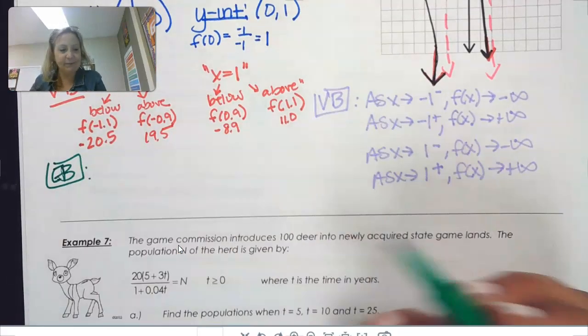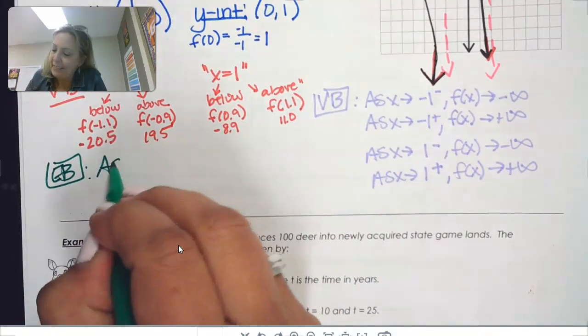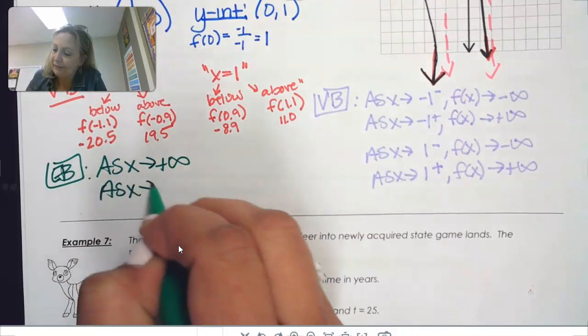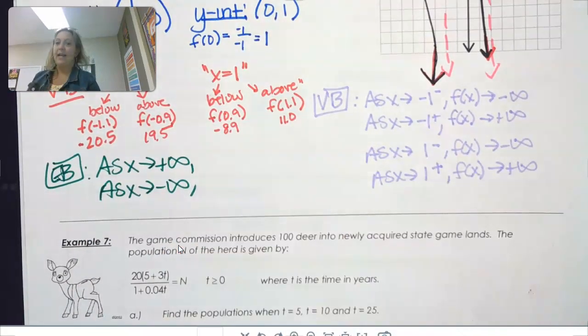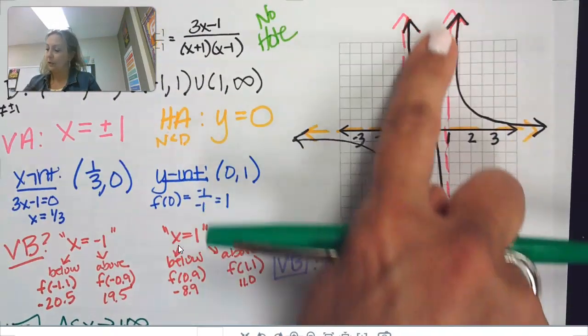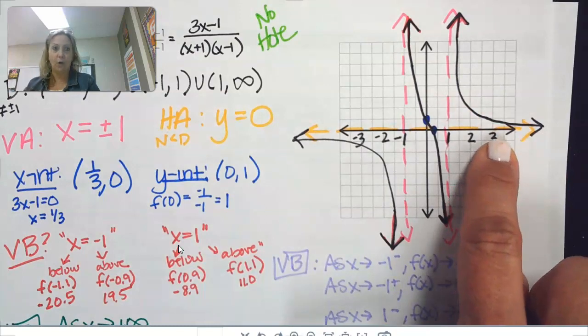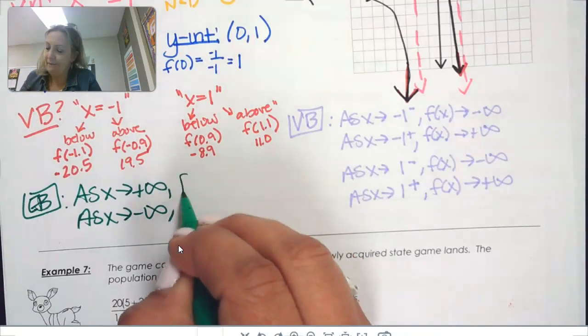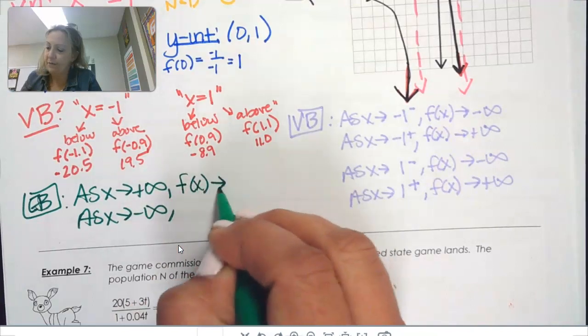Your end behavior, again, is what happens as x approaches positive infinity and as x approaches negative infinity, okay? And we see that as x approaches positive infinity, we're getting closer to that horizontal asymptote, which is at y equals 0. So f of x is approaching 0.